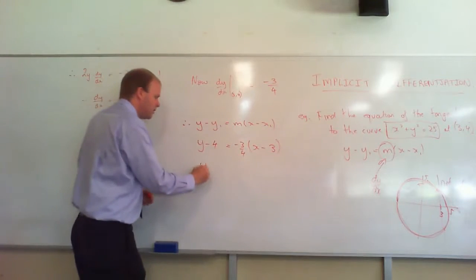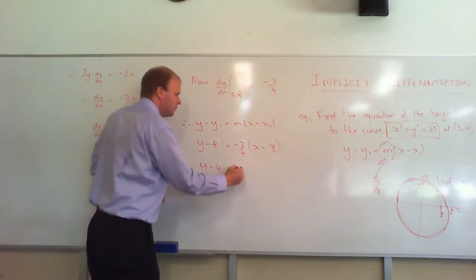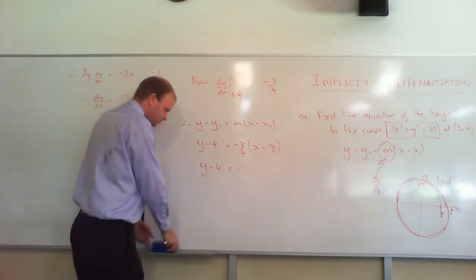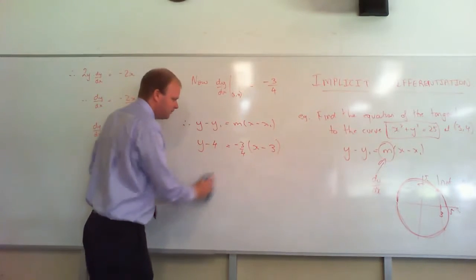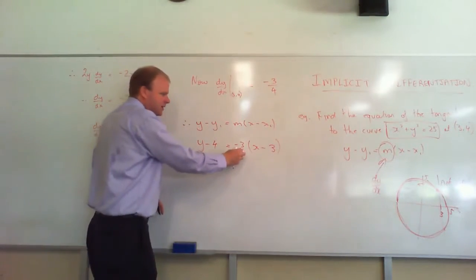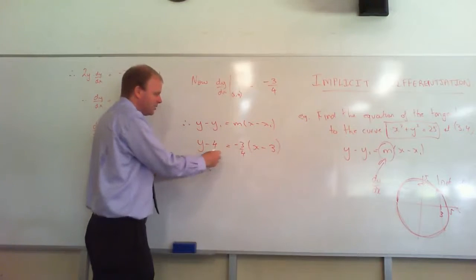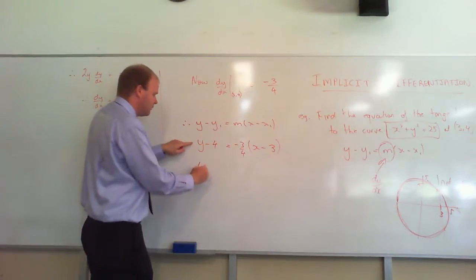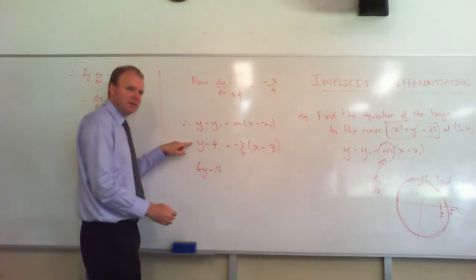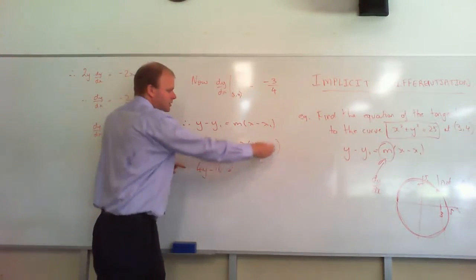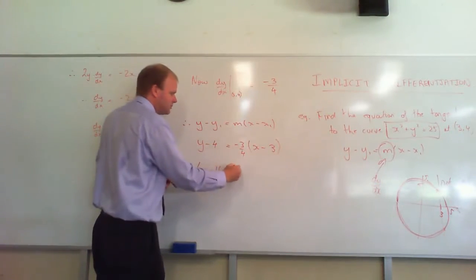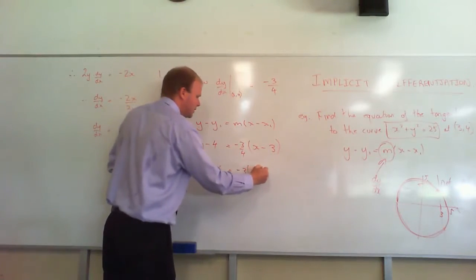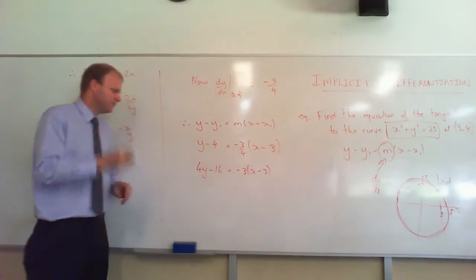Now it's just a matter of rearranging. Y minus 4 equals, actually before I do that, because this is going to be messy expanding it, I'm going to multiply right through by 4. So that'll give me 4y minus 16 equals, multiply this side by 4 and those 4's will cancel, so I'll get negative 3 brackets x minus 3.